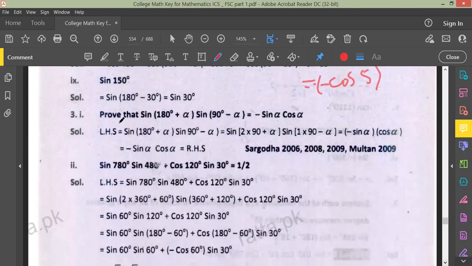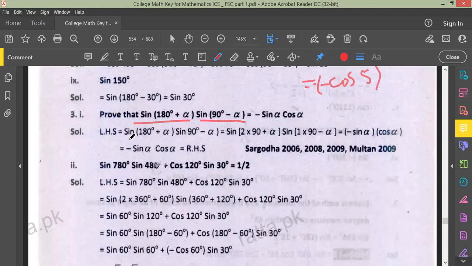Question number 3 is to prove that sine 180 plus alpha, sine 90 minus alpha is equal to minus sine alpha cos alpha. Simply, we will apply the formula of sine 180 plus alpha and the formula of sine 90 minus alpha. After applying the formula, this will become minus sine alpha and cos of alpha. The second method can also be applied.